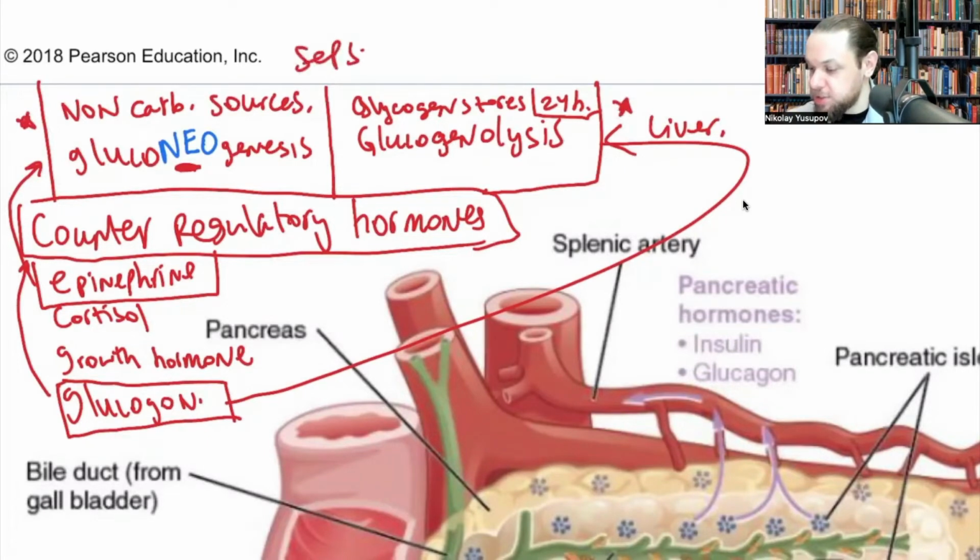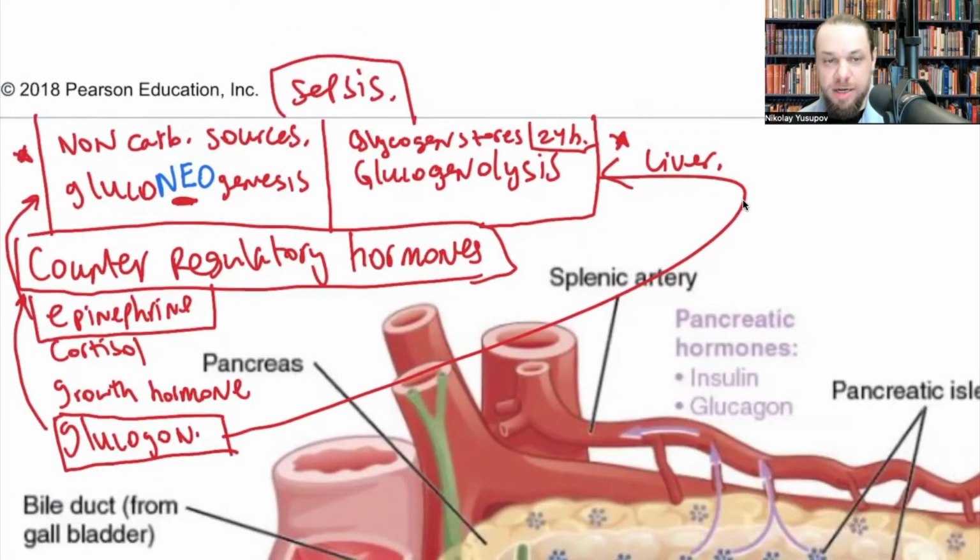In a sepsis-like state, when your body's in shock, it wants to have more glucose. Your organs are also underperfused, so cells are underperfused. That's another reason for the body to try to push the sugar towards these underperfused cells.